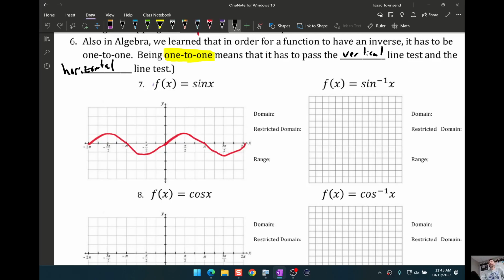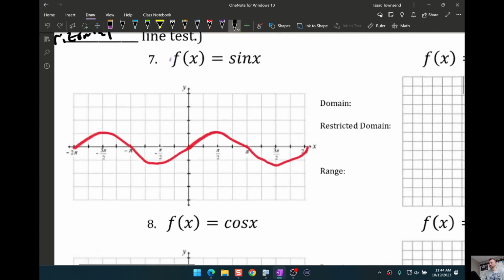So what we need, for this to be useful in mathematics, is for inverse sine to be a function, which means sine needs to be one-to-one. So as it stands, its domain, we did this in 4.6, goes forever left and forever right, and the range goes down to negative 1 and up to 1.